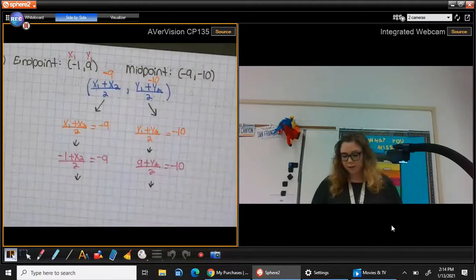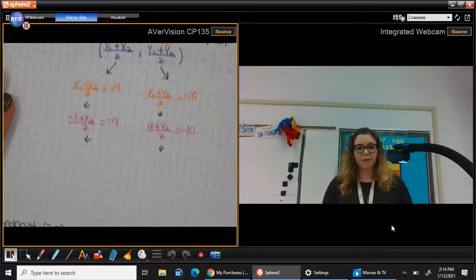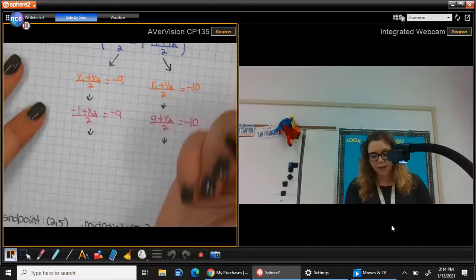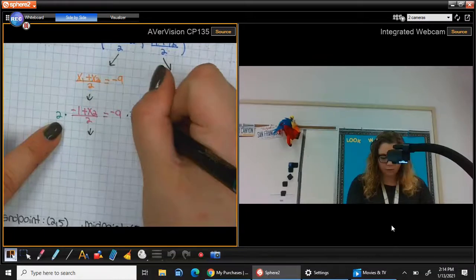And now is the fun part. Now all I have to do is solve this equation, and I'm always going to multiply both sides by 2.